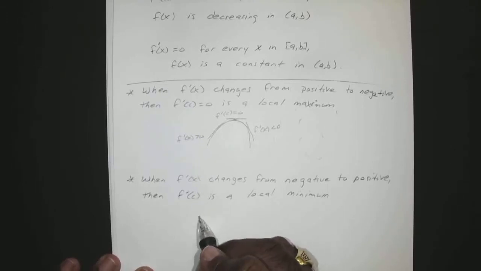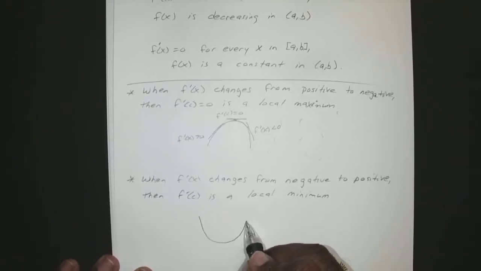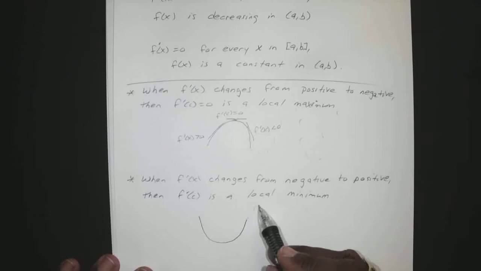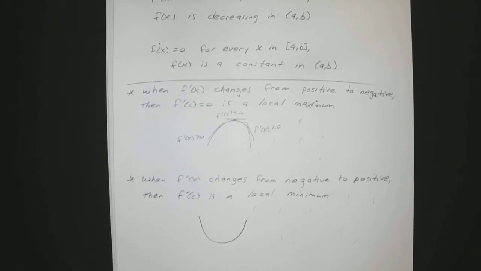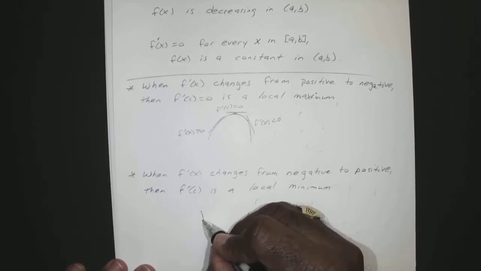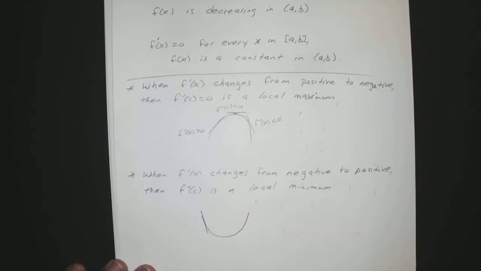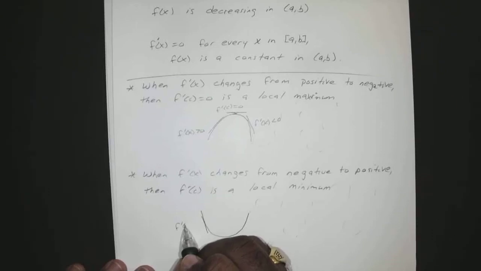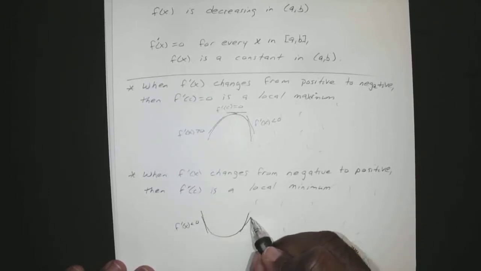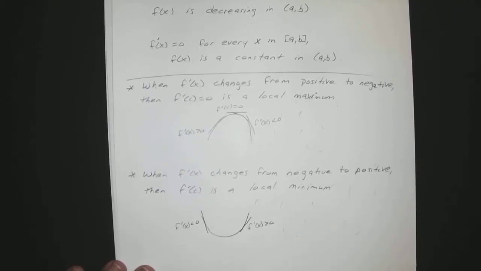Once again, let's say we have our A and B, and the graph could keep on going, but we're just focusing between there. Say your slope here is negative, and your slope on this side is positive. That means when you find your f prime of c equal to 0, it's going to be your minimum.